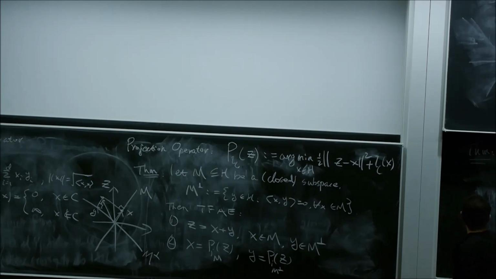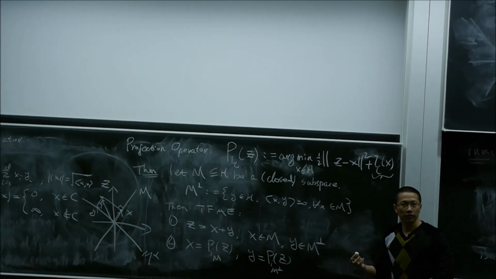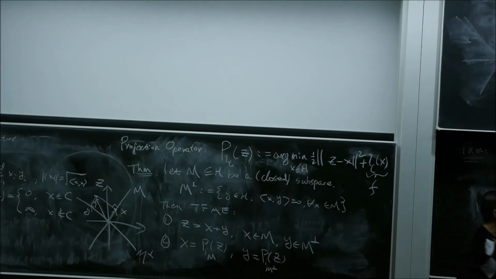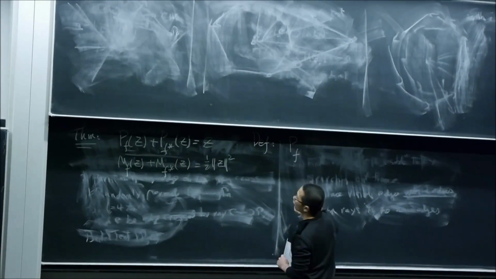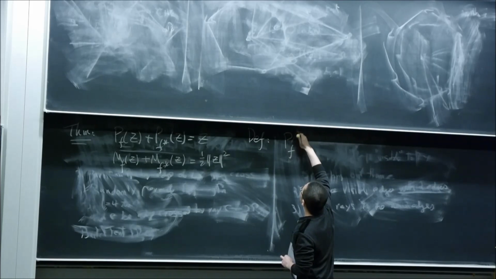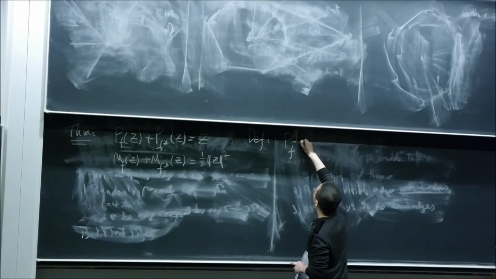Now, to generalize, we just need to replace this indicator function with any convex function f. It's a definition, so you can do this. So the proximity operator P of f, a convex function f, and we introduce a parameter eta here. This one will be important in some applications.